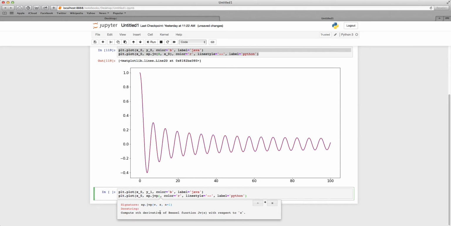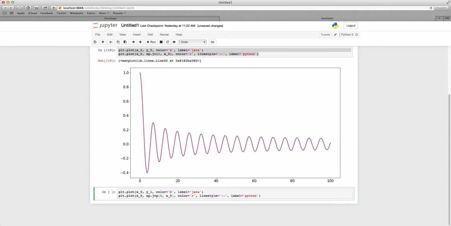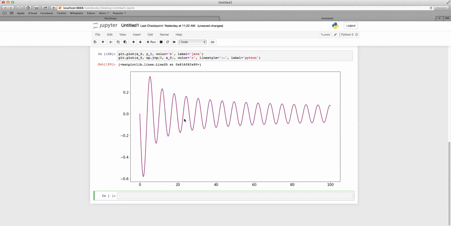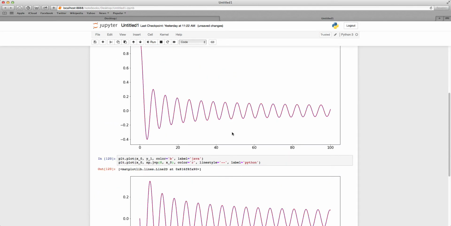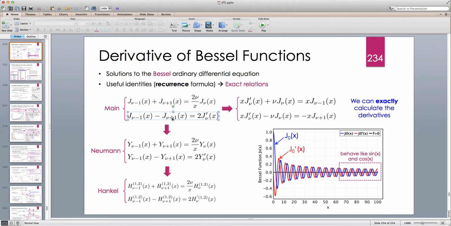Compute nth derivative of Bessel function jv of z with respect to z. So 0 and x0. So we're calculating the derivatives, and as you can see, there is a perfect fit. All right. So we calculate the derivative of Bessel functions not by numerical approximation, but by the exact relations from this recurrence formula. J nu prime is 1/2 (J nu minus 1 minus J nu plus 1).